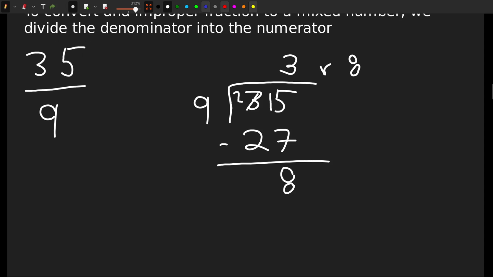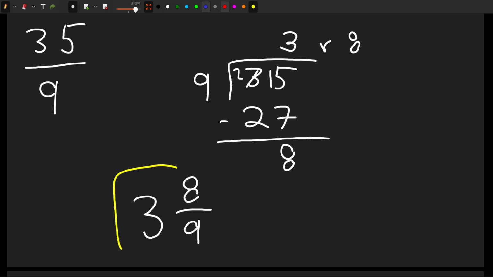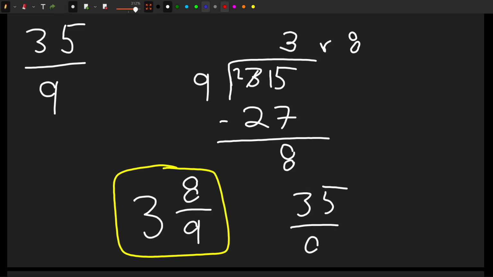However, since we're dealing with a mixed number now, we can write this as 3 and 8/9. And that is our mixed number. So in short, 35 over 9 is equal to 3 and 8/9. Nice.